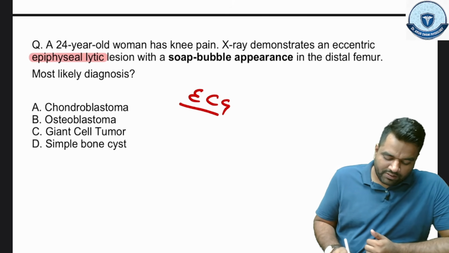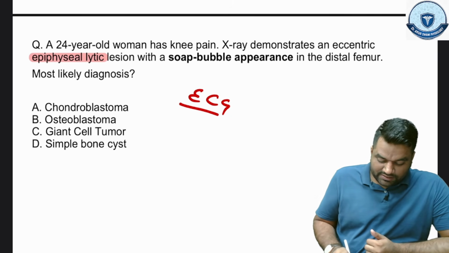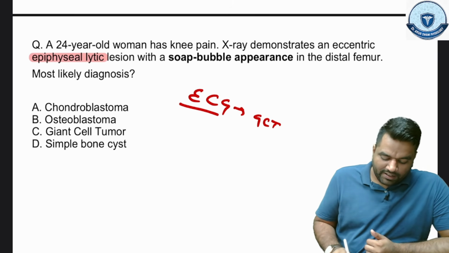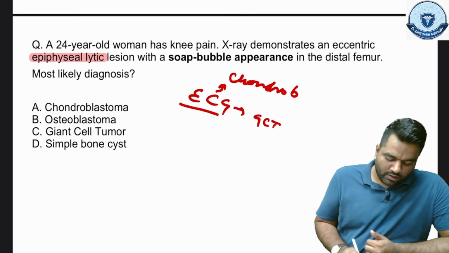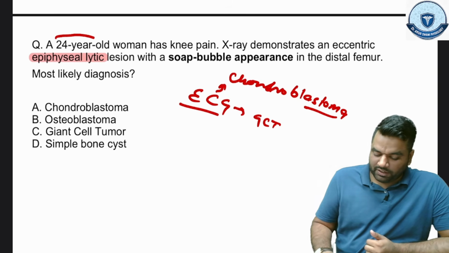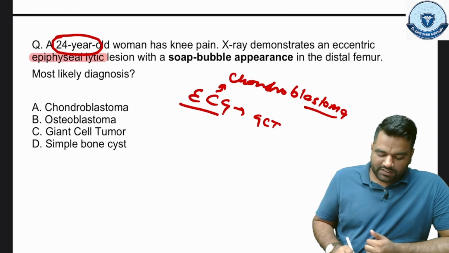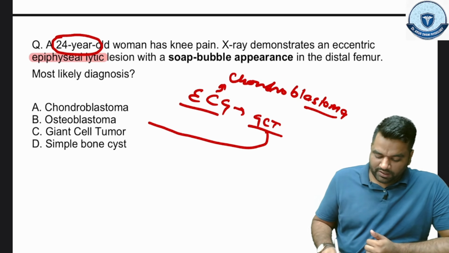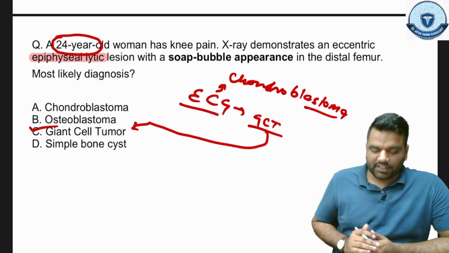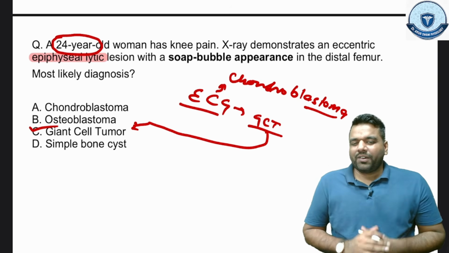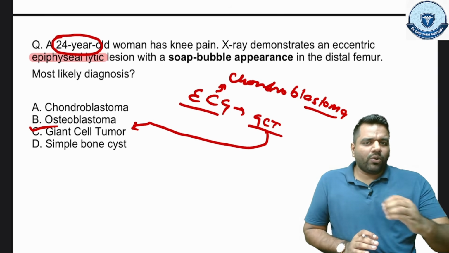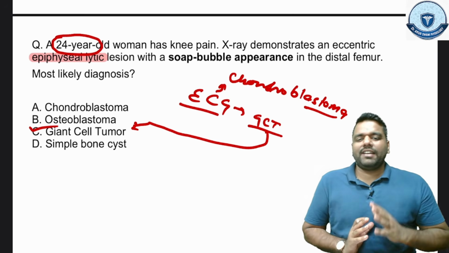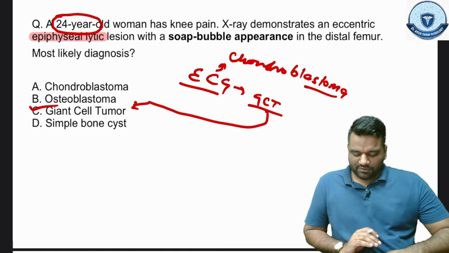If it is an adult condition, this is giant cell tumor, and if this is in children, this is chondroblastoma, right? Here the age is given as 24 years. In the epiphyseal area, this is your giant cell tumor, right? So you can see that if you know only the location, you can easily answer such tumor questions with this mnemonic.